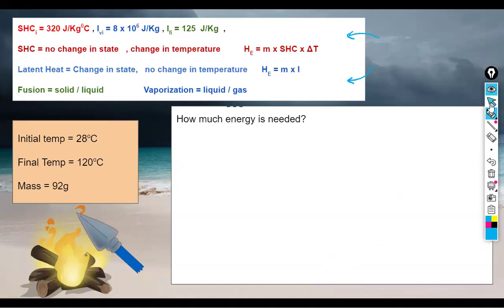Also, when it comes to latent heat, there are two different types of latent heat. There's one called fusion, and that means it's changing from a solid to a liquid or a liquid back to a solid. But there's no change in temperature because latent heat has nothing to do with a change in temperature. Another type of latent heat is vaporization.